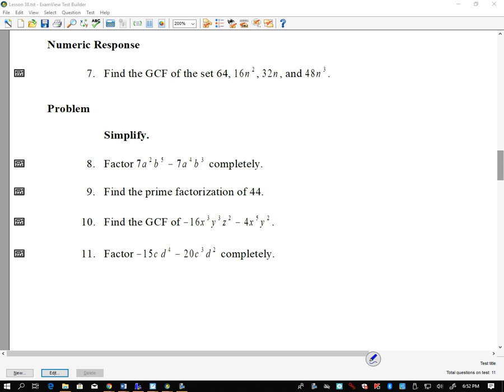So let's take negative 16 x cubed y cubed z squared, and we're going to show it in completely expanded form. Let's start with negative 2, then we would get negative 2 and 8, 2 and 4, 2 and 2.